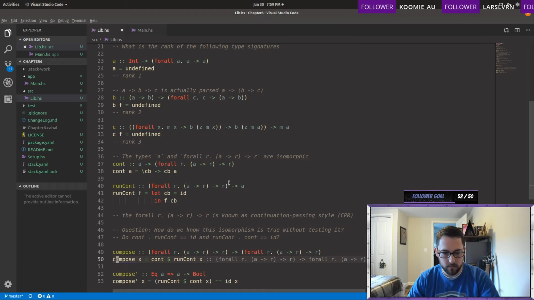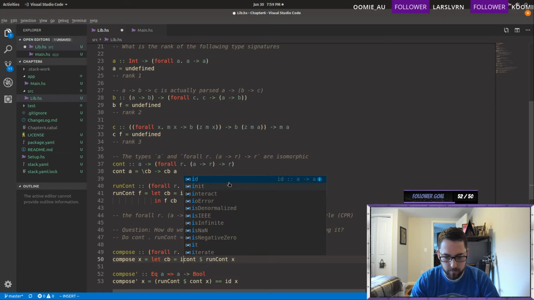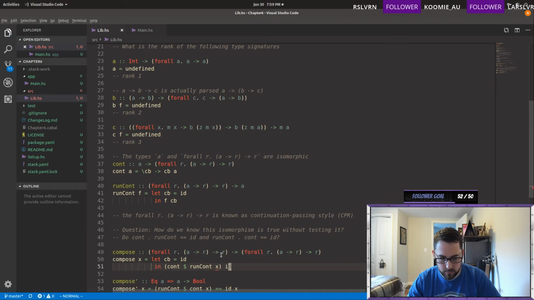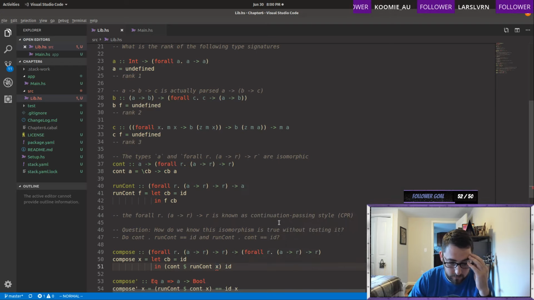So we're going to have to do something like let callback equal id. We're going to apply this whole thing to id. I think that's what I'm doing, right? But let's not think about this right now.